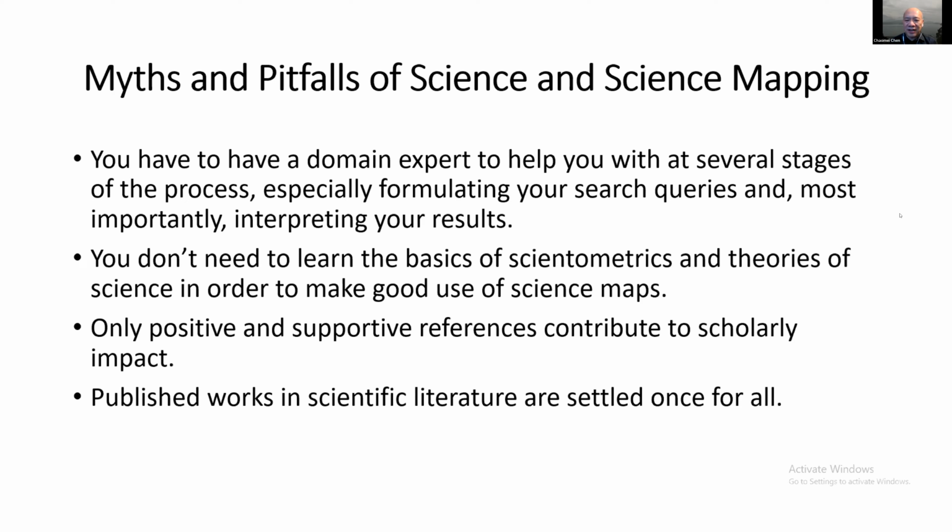Now these days the threshold has been lowered significantly, so I'll have some examples to demonstrate. Without immediate access to domain experts, what can we do? What can we achieve? Those are important things we need to bear in mind.